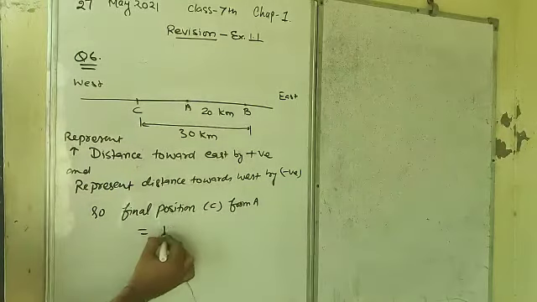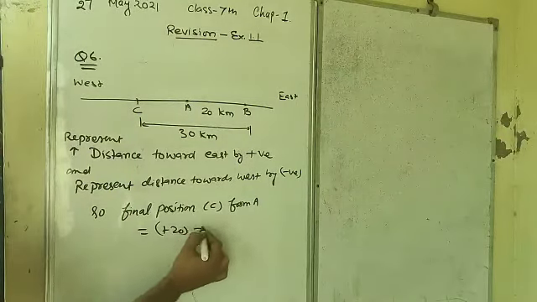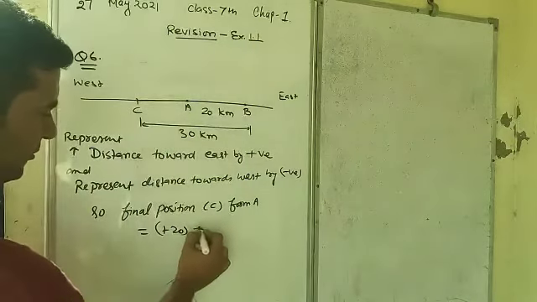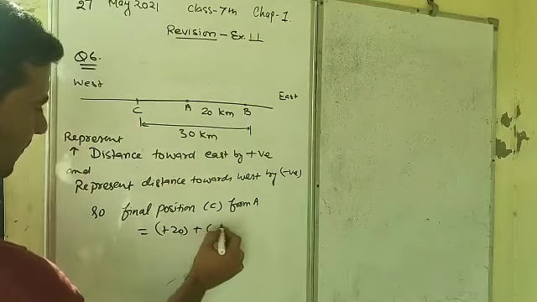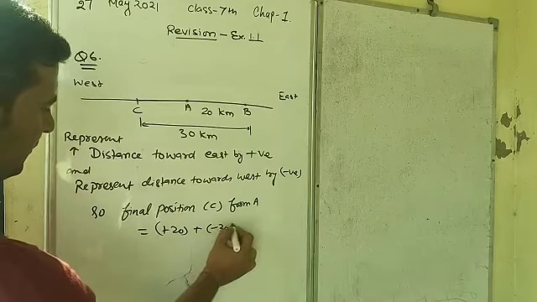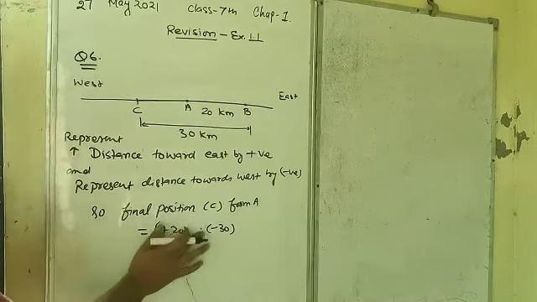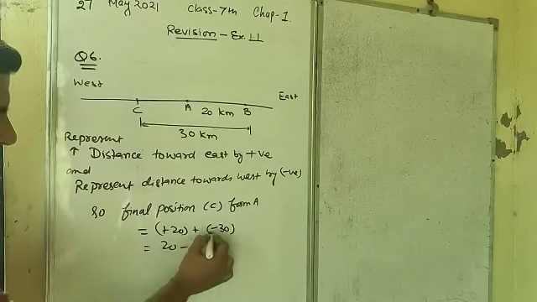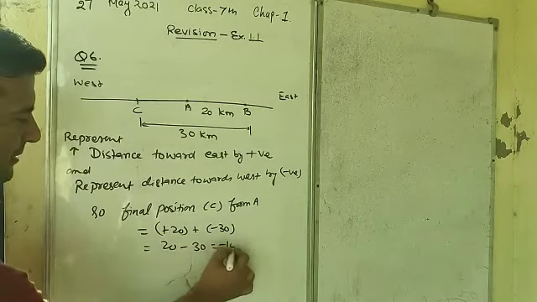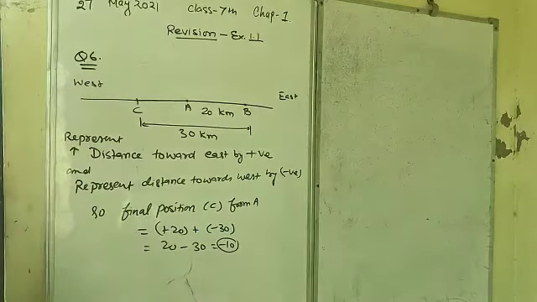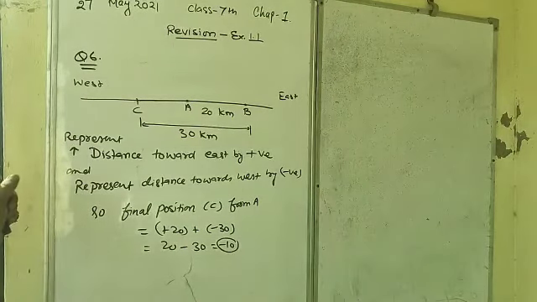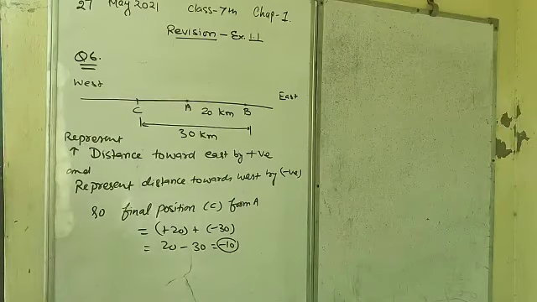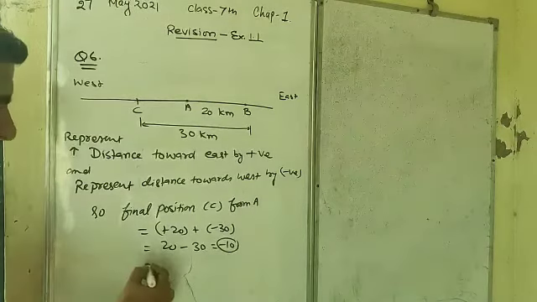A to B गए +20, C to B गए सो प्लस में -30. दोनों को हमने टोटल डिस्टेंस ऐड करेंगे सो इट विल बिकम्स 20 - 30, it's equal to -10. सो माइनस मींस टुवर्ड्स वेस्ट. माइनस का मतलब क्या था? टुवर्ड्स वेस्ट.